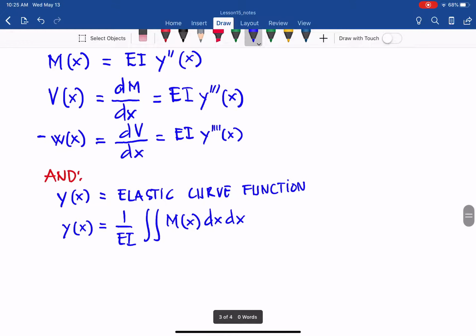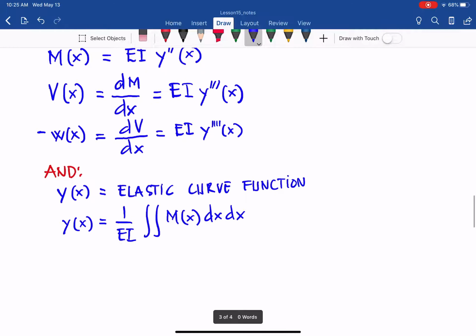So if you have the moment, take the double integral, divide by EI, we get the elastic curve function.